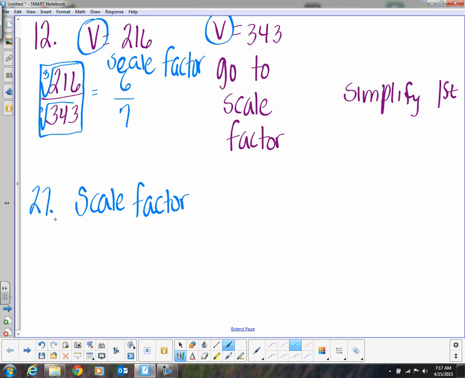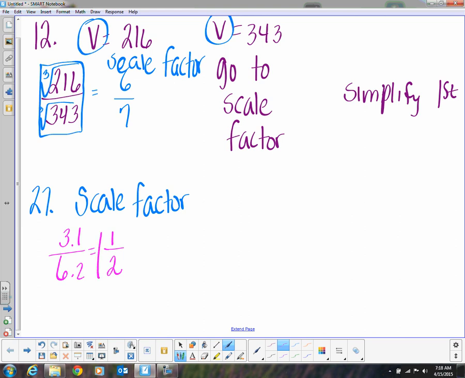Okay, it says one balloon has a radius of 3.1 and another balloon has a radius of 6.2. So it's 3.1 over 6.2. Now, does this reduce? This reduces to 1/2.